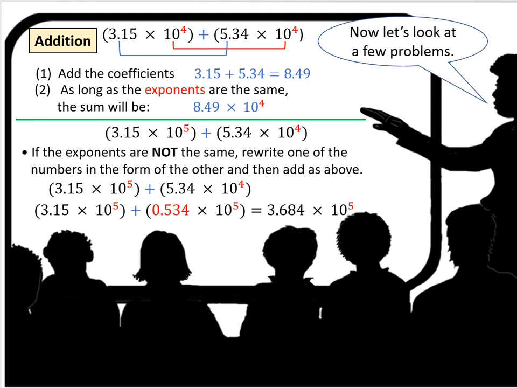I move the decimal point back one space, 0.534, and I increase the exponent by 1. Now that they both have the same base and exponent for one of the factors, I'm just going to add the coefficients together, just like I did the first time. 3.684 times 10 to the fifth.